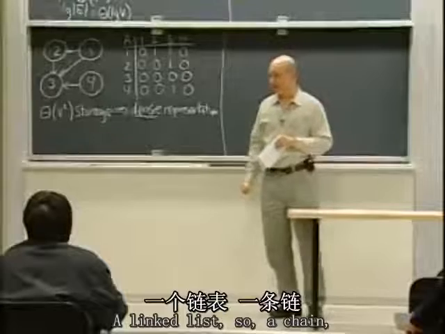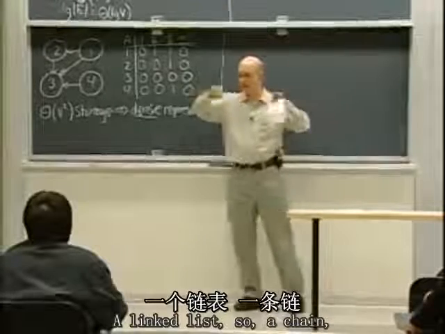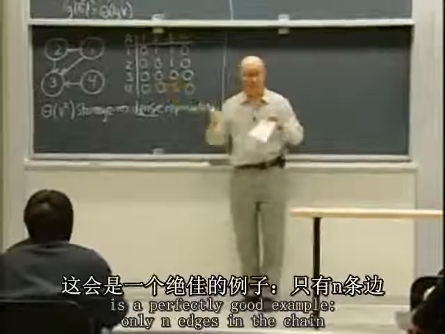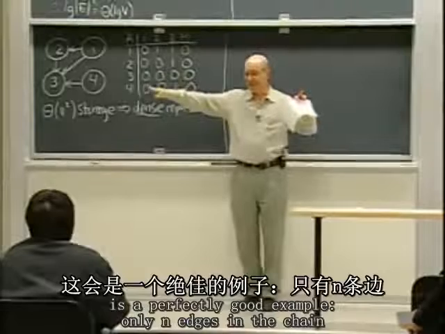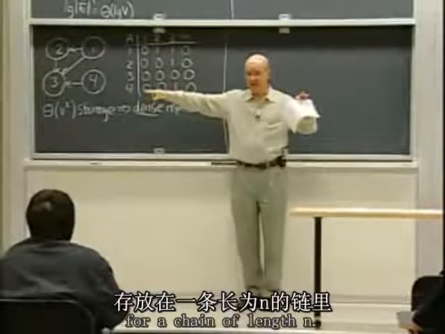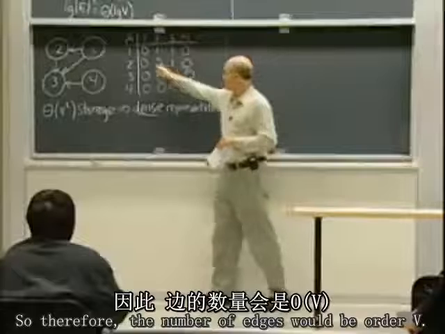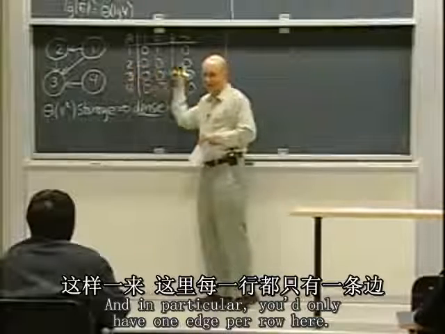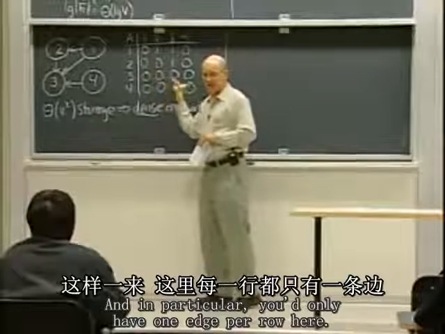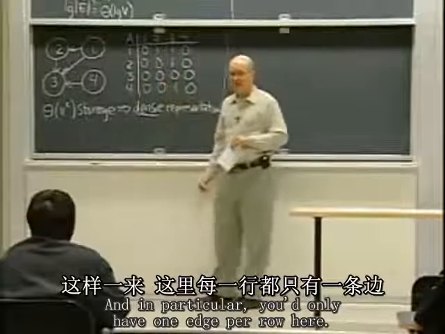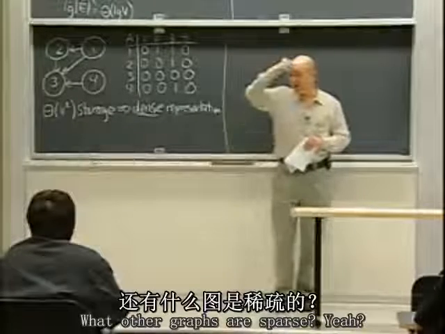A linked list, so a chain. Looked at graph theoretically, that is a perfectly good example. Only n edges in a chain of length n. So the number of edges would be order V, and in particular, you'd only have one edge per row here. What other graphs are sparse?